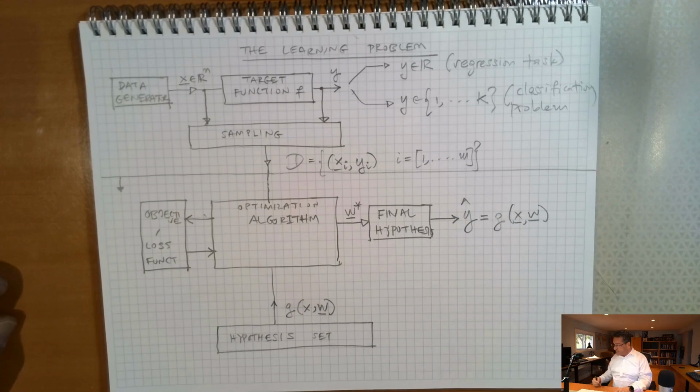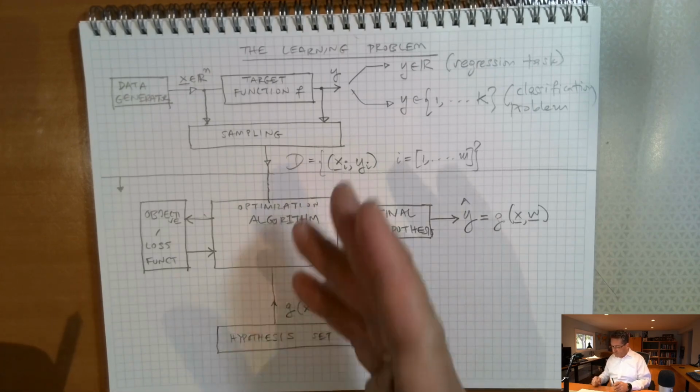The hat stands for predicted, because we are trying to predict the label y for an x that we have never seen before. This will arrive to our prediction machine, and what will turn out is that we will need to split up the data set into things that we will use for running this iterative algorithm, and then things that we will do later in order to test exactly how close we are in our predictions and our approximation to the target function.